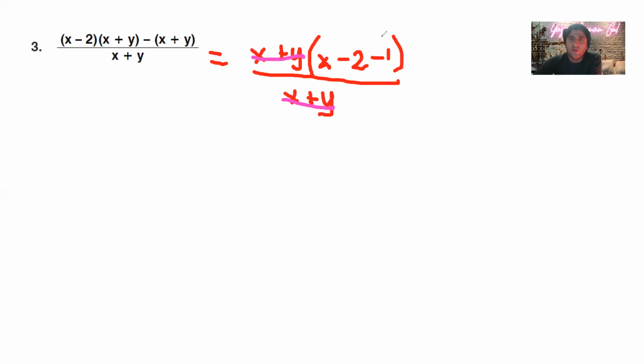Isn't that going to be x minus 3? So the answer is going to be (x minus 3) over 1, and that equals x minus 3. So that is going to be the answer. Okay, let's move on to the next question.